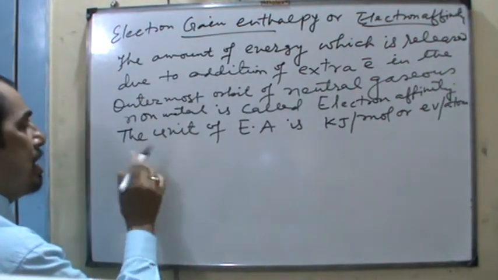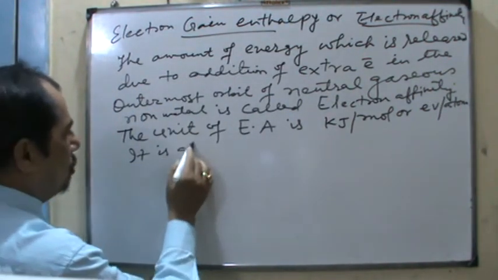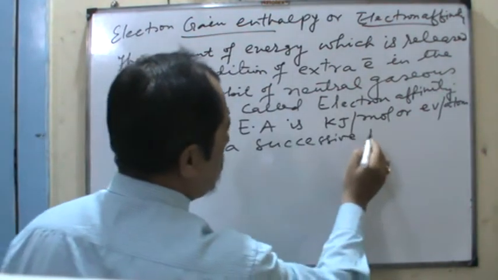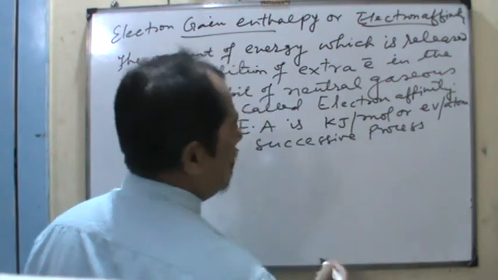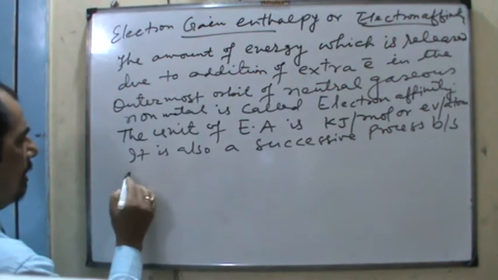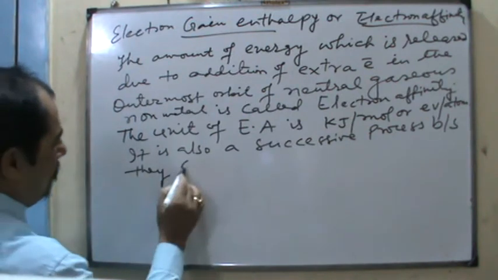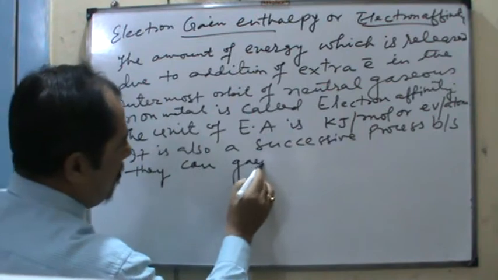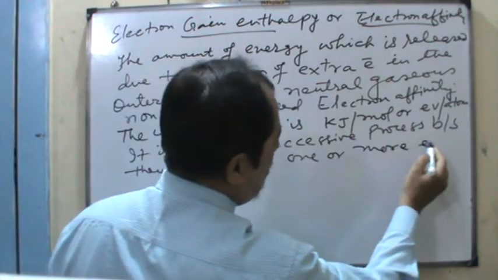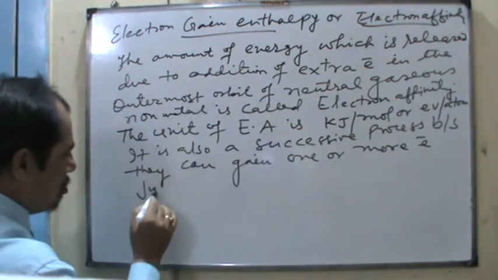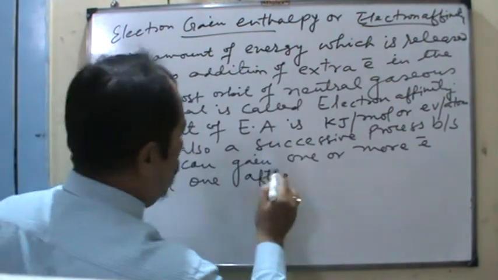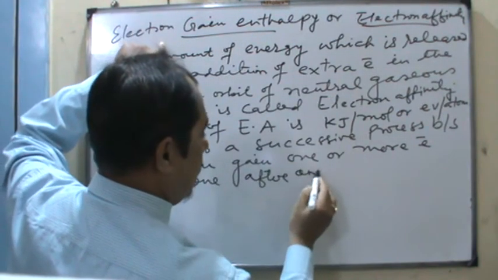Similarly to the ionization energy, it is also a successive process, because they can gain one or more electrons, just one after another.